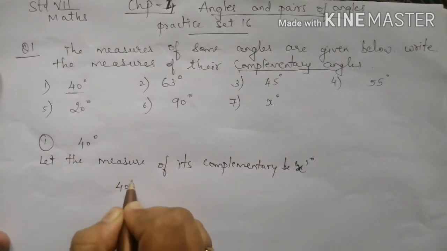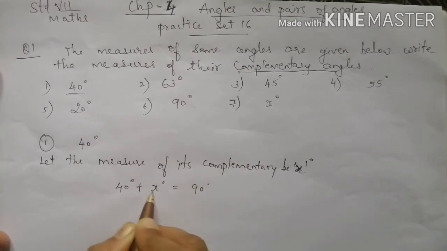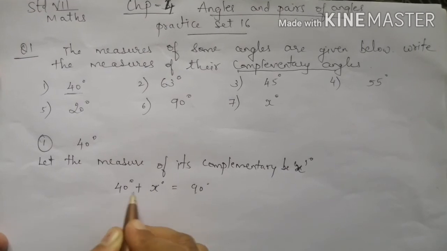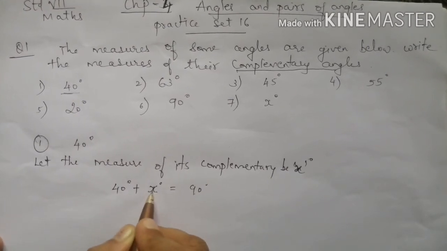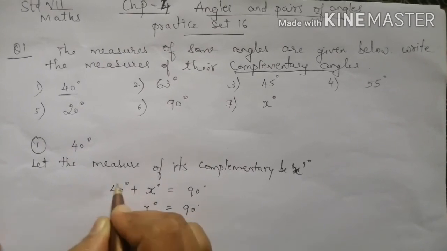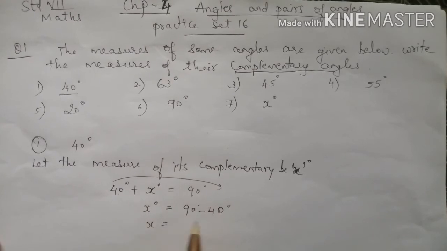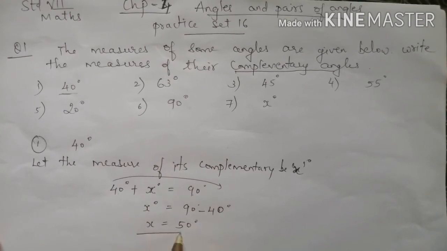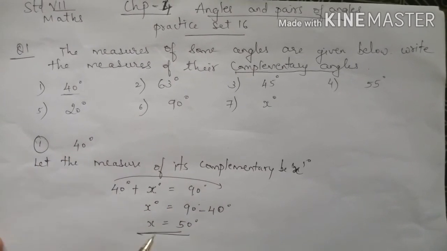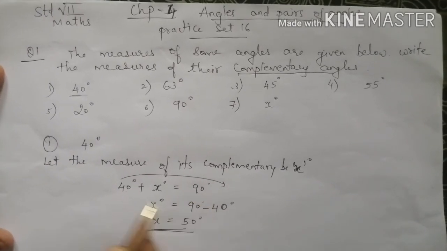So 40 plus x is equal to 90 degree because the total will be 90 degree, and we have to find the x value. So we'll keep the x on the left, 90, this plus 40 will go this side, will become minus 40. So x is equal to 90 minus 40 will give you 50 degree. So what is the complementary of 40 degree? 50. See, 40 plus 50 is 90 degree.